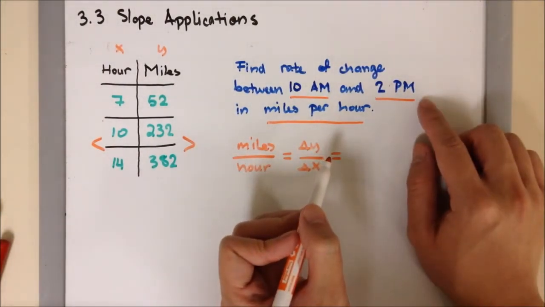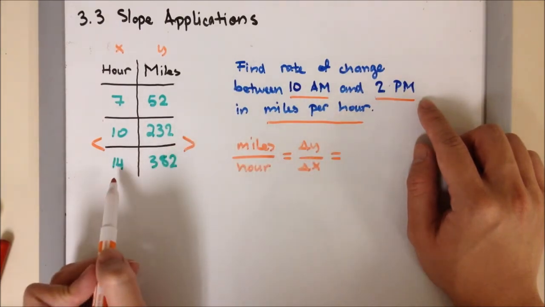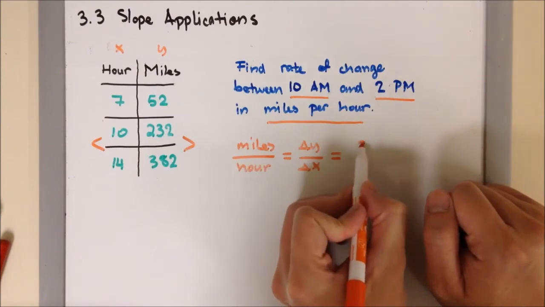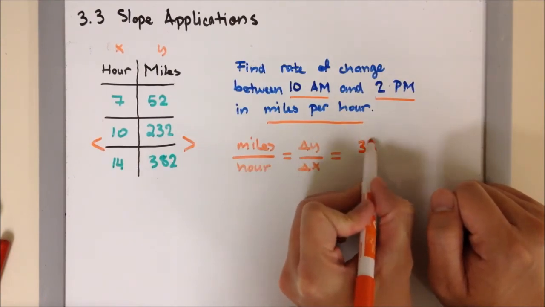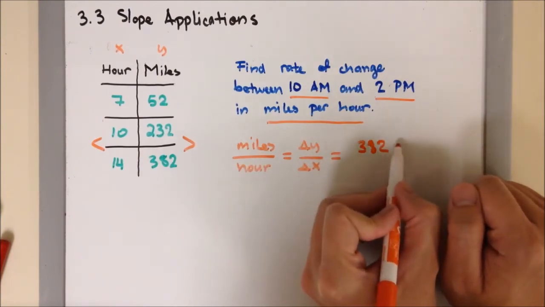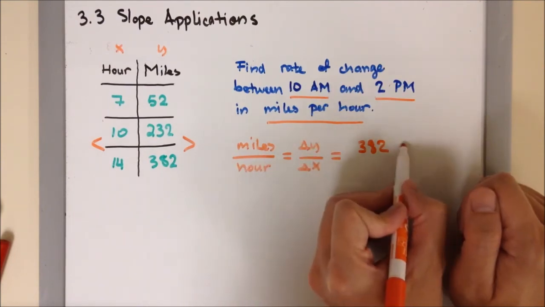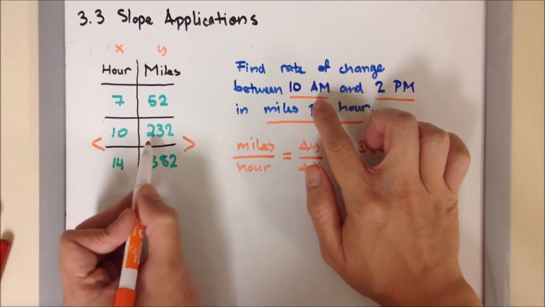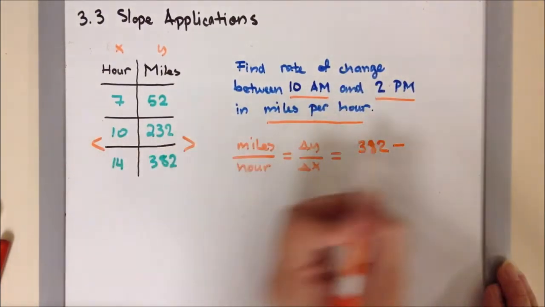So we're going to put the latest time first. So my 2 p.m., which is 14. For the y value, I'm going to put 382 first. And then when we're working with change in y, it's going to be subtract. And then my 10 a.m. comes second. So at 10 a.m., the miles is at 232.